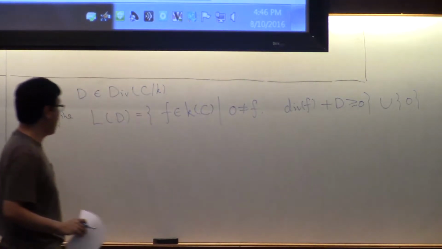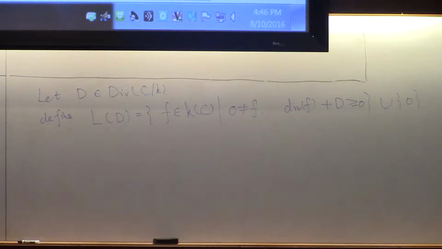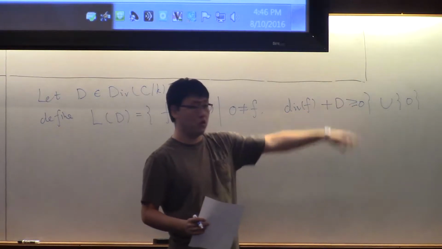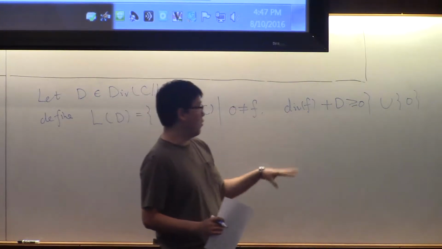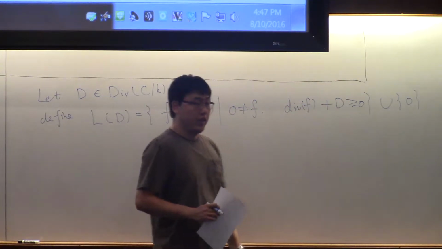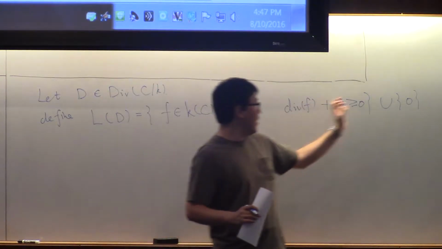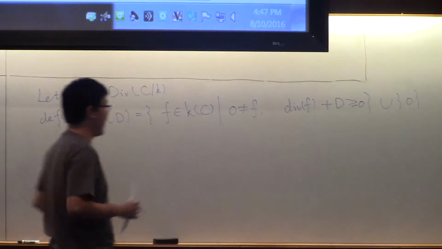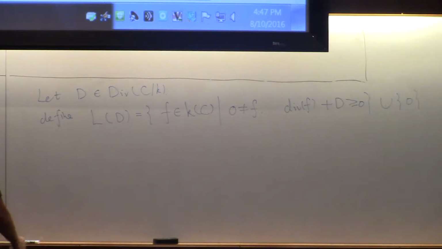The zero function, of course, is a regular function defined on the curve C, but there's no way to define the principal divisor associated to the zero function. So we need to first exclude the zero function, and then we add it back at the end of the definition. So this is just a set.